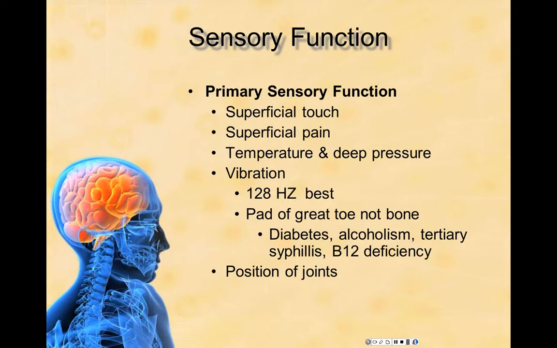We usually do this to evaluate for peripheral neuropathy in patients with diabetes, alcoholism, tertiary syphilis, or B12 deficiency. And then we also test the position of joints to see if patients can tell you where in space their joint is, like by moving a finger or a toe.